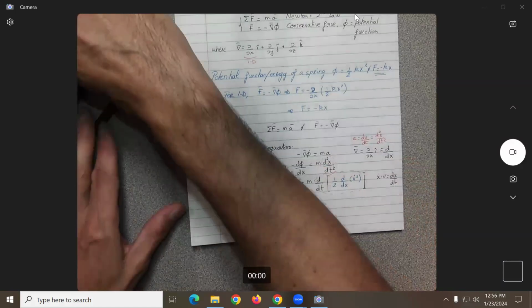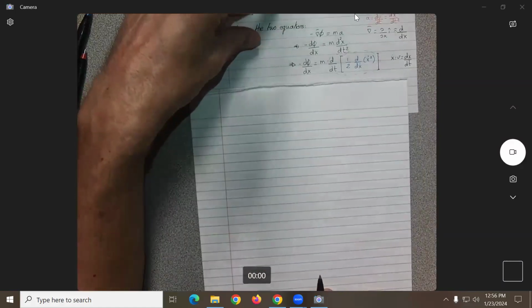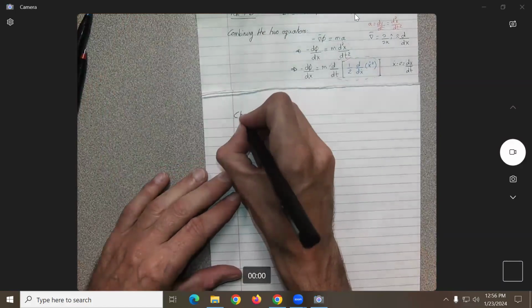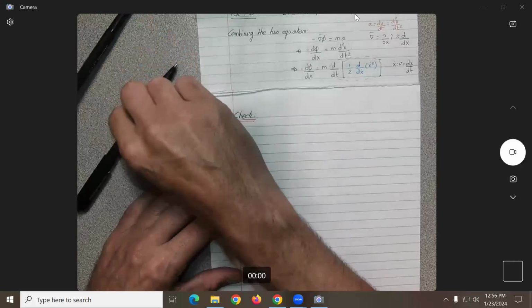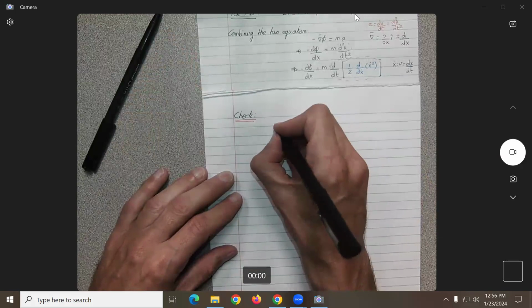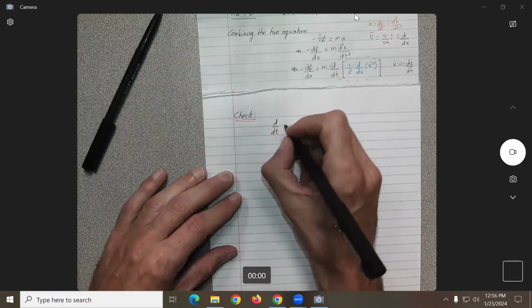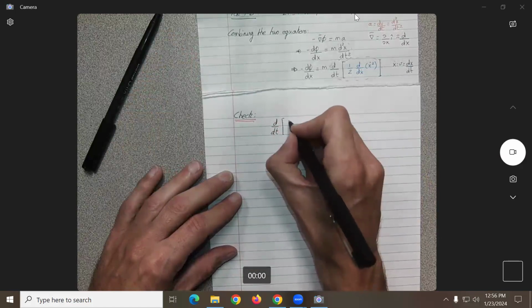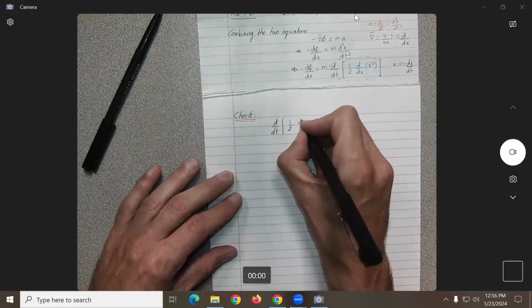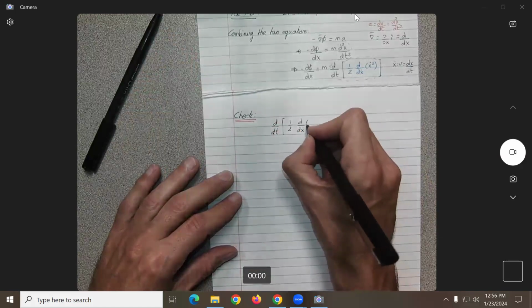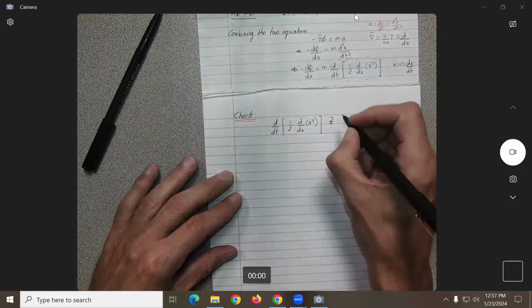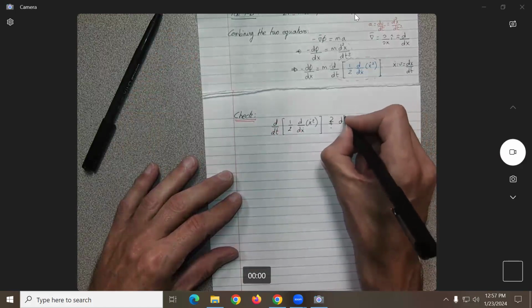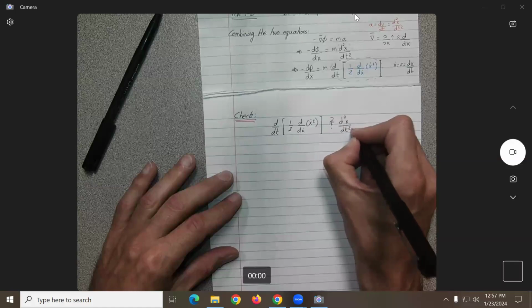Okay, so let me go to the next page. I don't want to put too much on this page. So let's say check. All right, so basically we're going to check that d/dt of 1/2 d/dx dot x dot squared should be equal to this term over here, no?